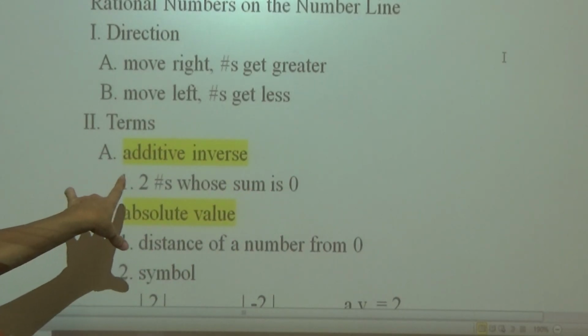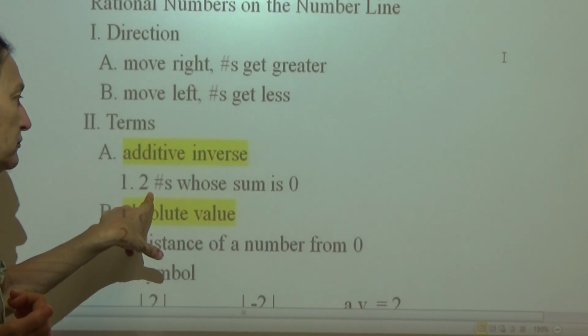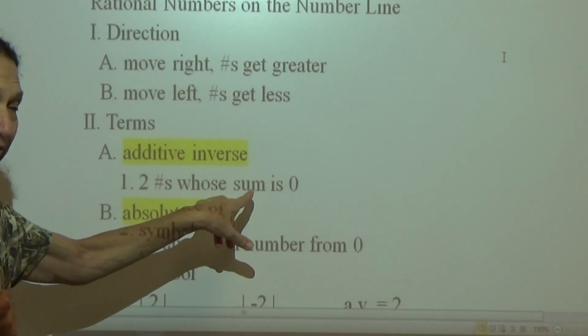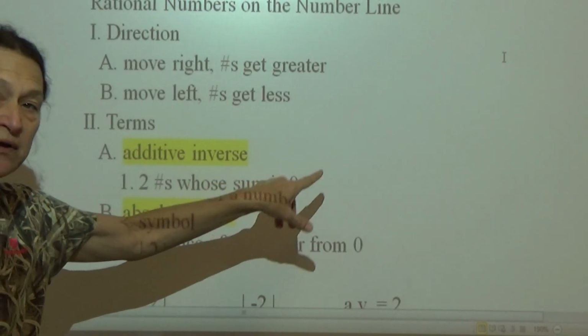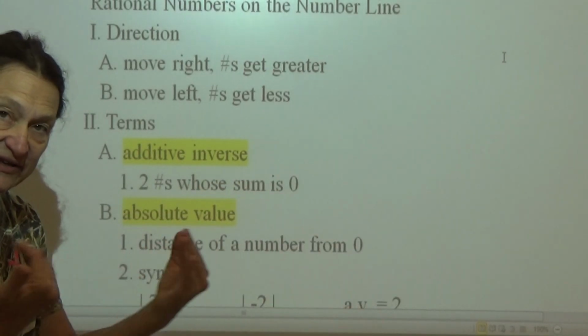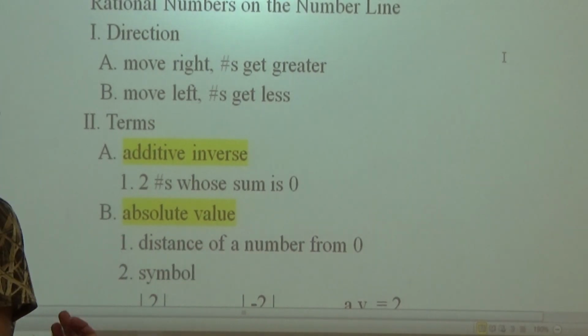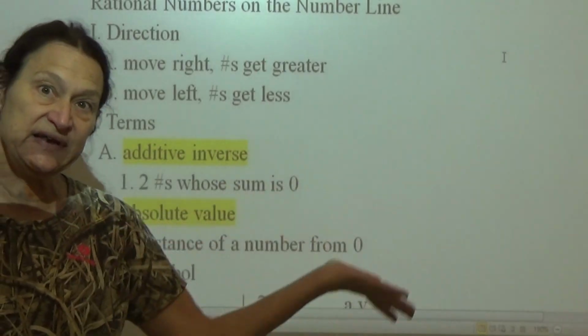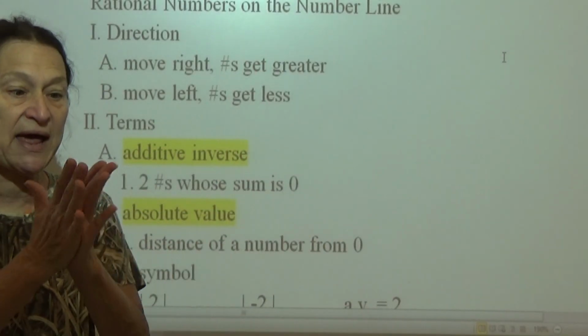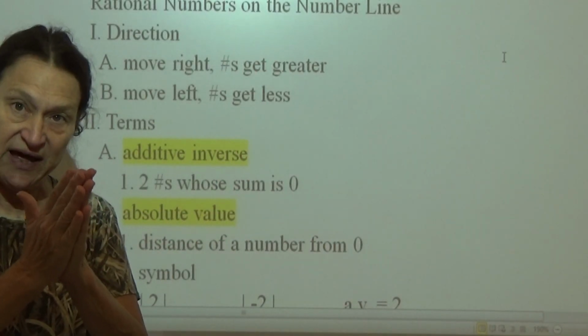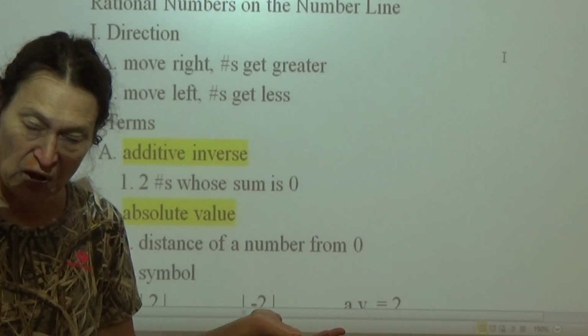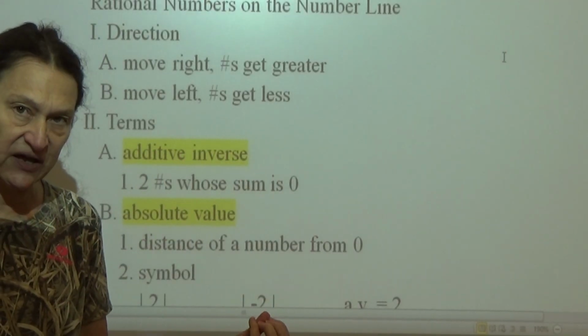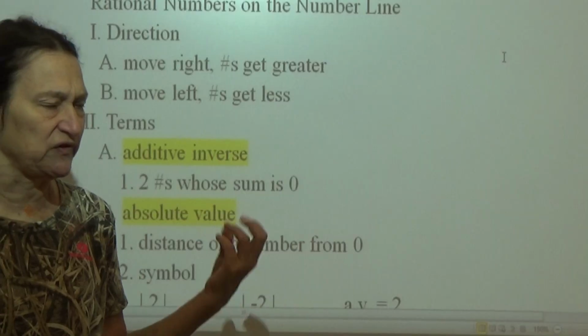So when you have two numbers added together, the sum is 0. That's the additive inverse. In other words, if we have 5 and -5, and we add those together, we're going to get 0. So 5 and -5 are the additive inverses of each other.